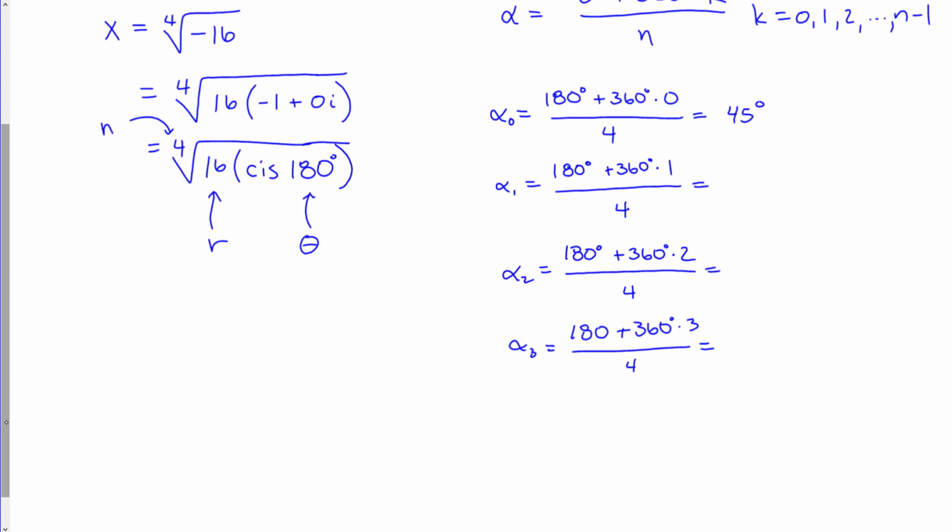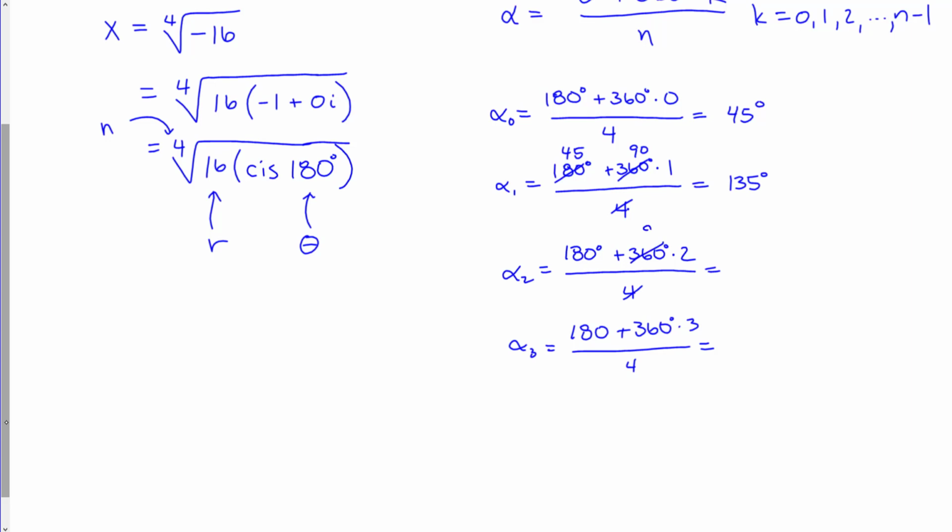The next one is, so if you'll notice, 360 divided by 4 would be 90, and 180 divided by 4 would be 45 still. So this is essentially 45 plus 90, which is 135 degrees.